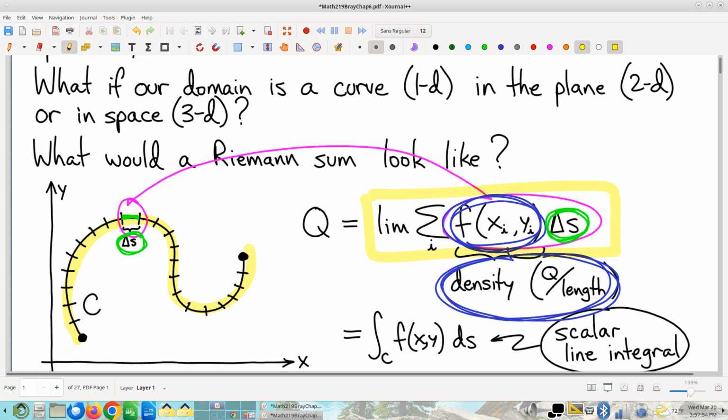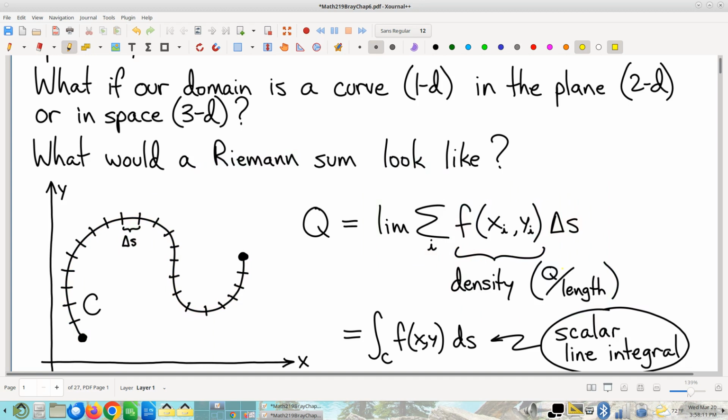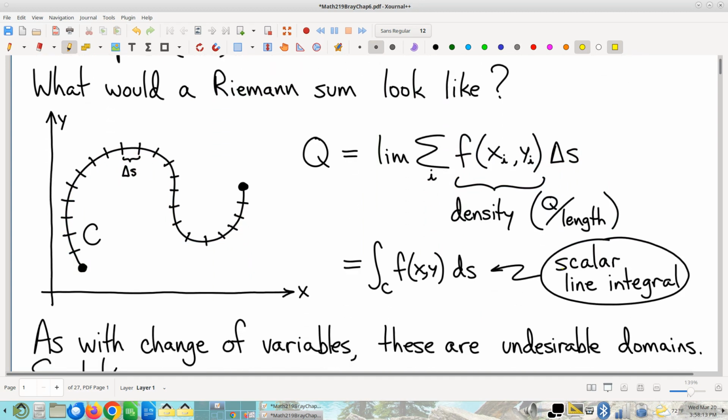What's going to eventually be our integrand, just like every other integral we've ever written down, is accumulated quantity per unit size. In this case, size is length. So, pretty natural scenario. Now let's talk notation and terminology a little bit. Hopefully no surprise, we represent summations with an integral symbol.